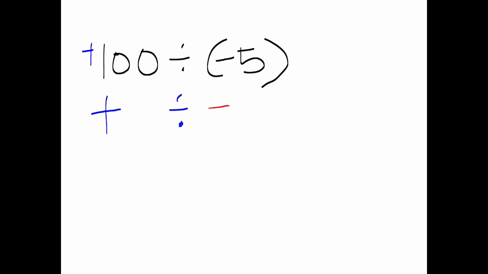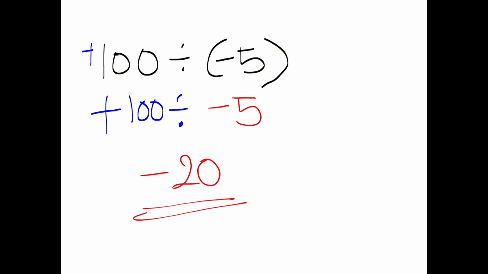And what is plus divided by minus? Very good. That is a minus, right? And the figure is 100 divided by 5. What is 100 divided by 5? 20. So that means 100 divided by minus 5 is minus 20. Do you understand?